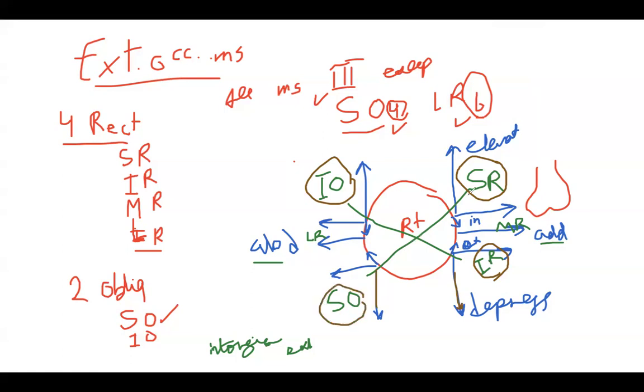Intorsion, superior. Extorsion, inferior. Adduction will be superior rectus, with the main power by medial rectus, and also inferior rectus. Abduction will be inferior oblique, lateral rectus and superior oblique.